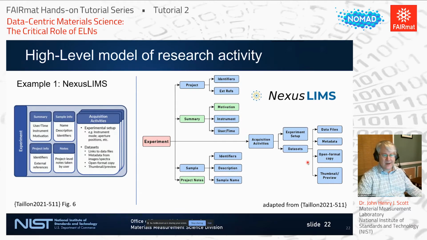And so the particular graph structure of this diagram is one of many choices you can make about how to connect or how to define relationships and connections between these different pieces of metadata that are perhaps relevant. The data sets themselves, there's files, metadata, perhaps an alternative serialization of that file in an open, non-proprietary format, and so on. And this is adapted from another NIST publication, this one from 2021.